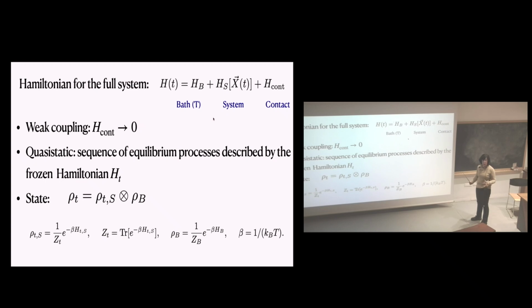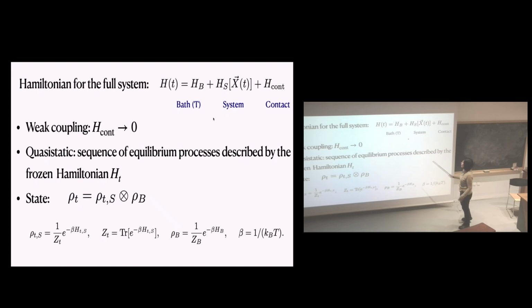Quasi-static processes means that in spite of the fact that these control parameters change in time, we are going to think in terms of snapshots, so sequences of equilibrium processes that take place for fixed values of these control parameters as they evolve in time.